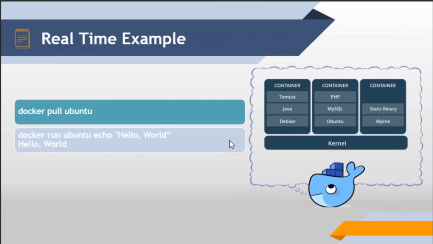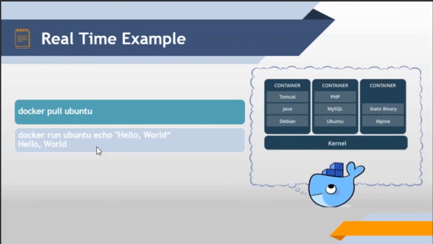And if we go for a real-time example for a very basic thing, this is very simple. You can run on your Linux environment docker pull ubuntu. It will go to the online Docker registry and pull the Docker image for Ubuntu. Then you can execute the command docker run ubuntu echo hello world, and you will get back the string hello world.